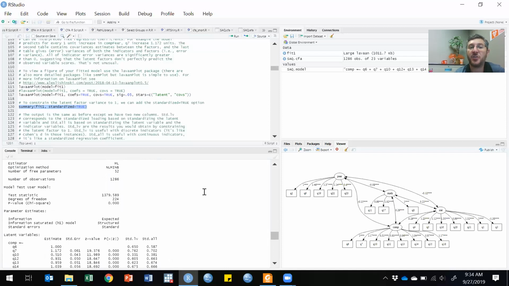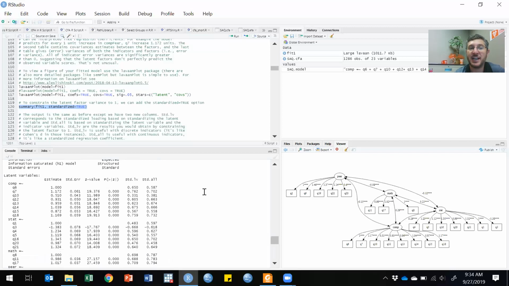All the top information is the same. You have your unstandardized factor loadings here. This STD-LV column is where we standardized the latent construct, and the indicator variables are unstandardized.